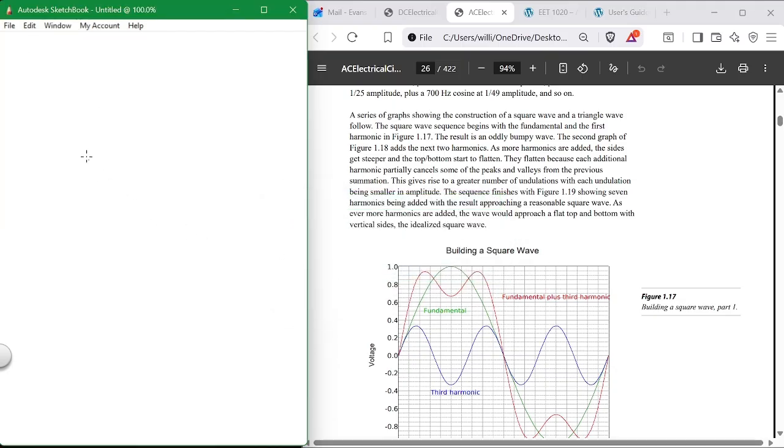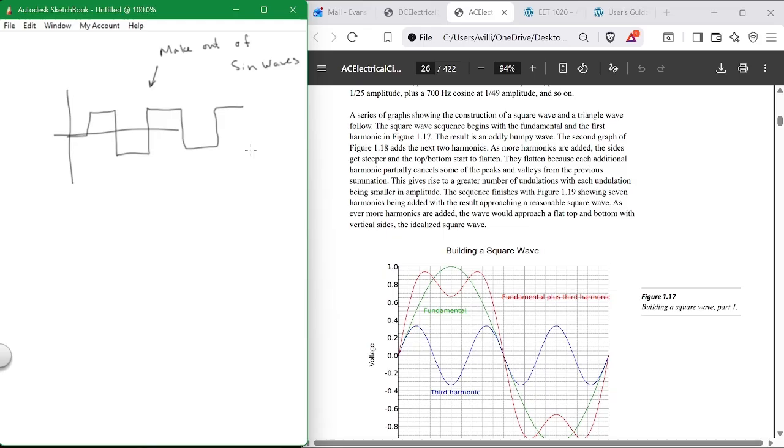So if I had a square wave, I can make this out of sine waves. Why is that important? Well, you can do it. I mean, it's a fact.